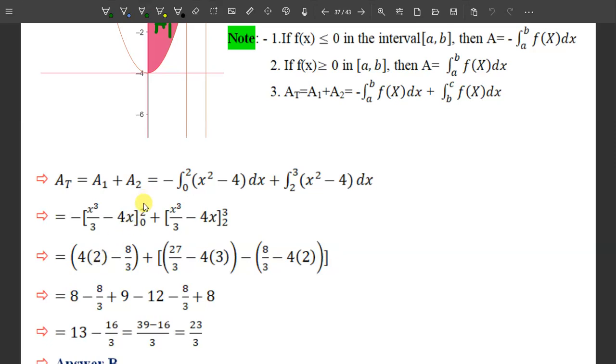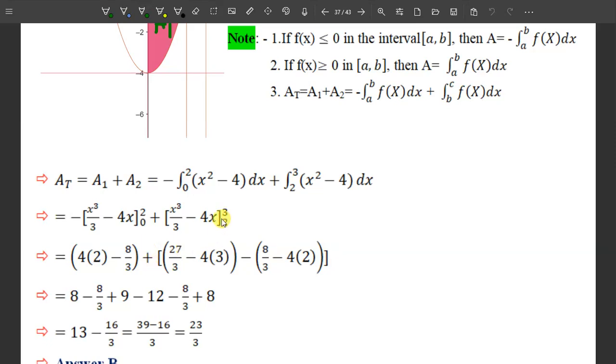Then substitute x by 2 here: 4 times 2 is 8, minus 2 cubed over 3, which is 8 over 3, minus the value when x is replaced by 0, and the result is going to be 0.